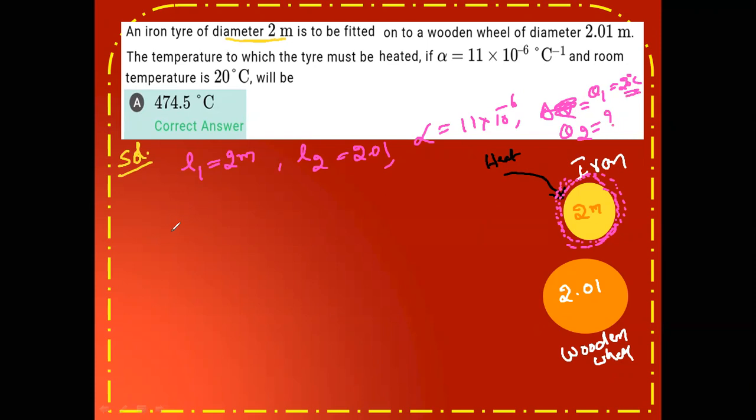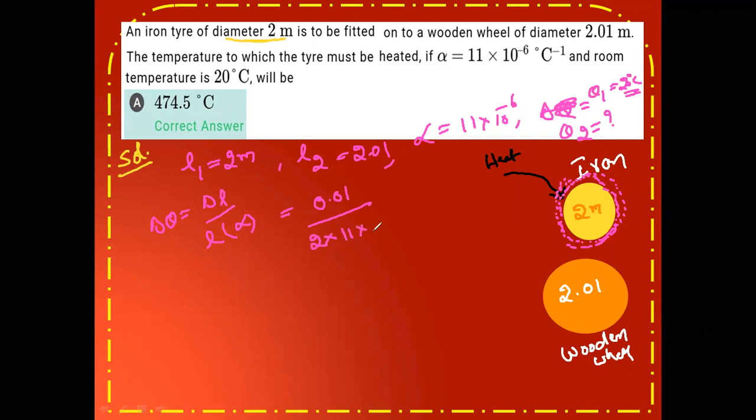So what formula do we have to use for this? Delta theta is equal to delta L by L into alpha. Delta L is 0.01, divided by the initial length 2, multiplied with alpha.